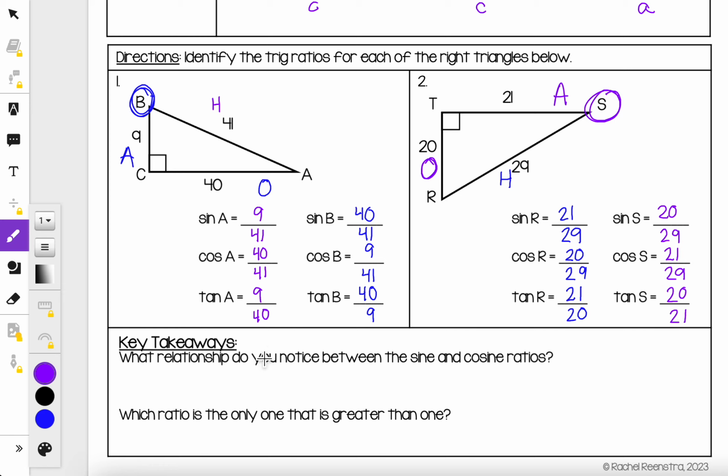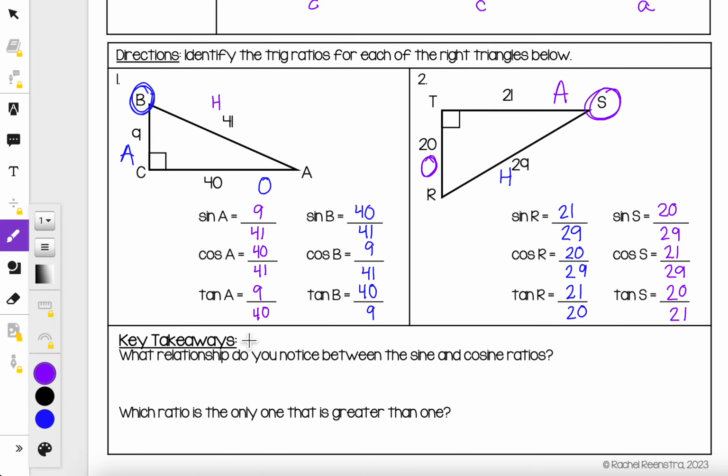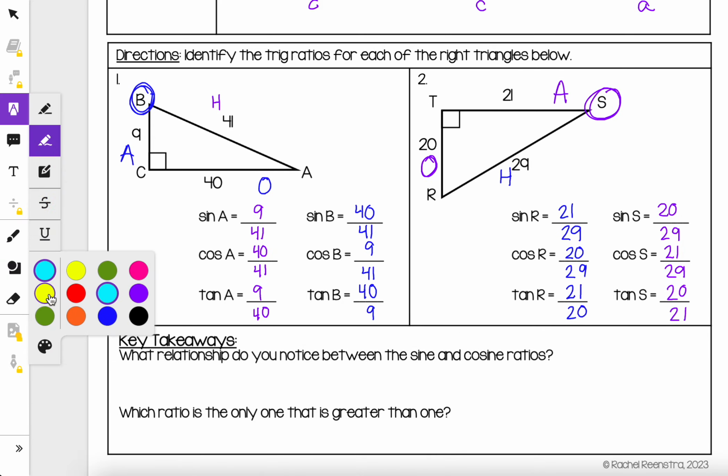You might have noticed a pattern when we were dealing with the variables and when we were dealing with numbers. If I take a look here at the sine of angle A, that was 9/41. That was the same as my cosine of angle B, which was also 9/41. Okay.